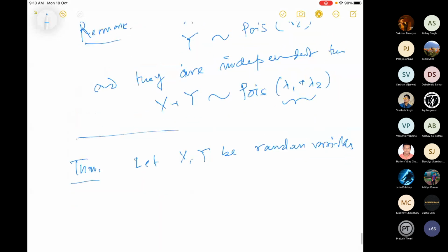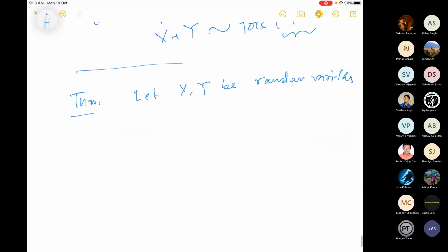So before that, just think about it, and let me write this summary of this entire discussion, which can be useful for solving some problems. So let x, y be random variables with joint PDF f. I'm doing a little bit of a hurry because I want to finish this today.